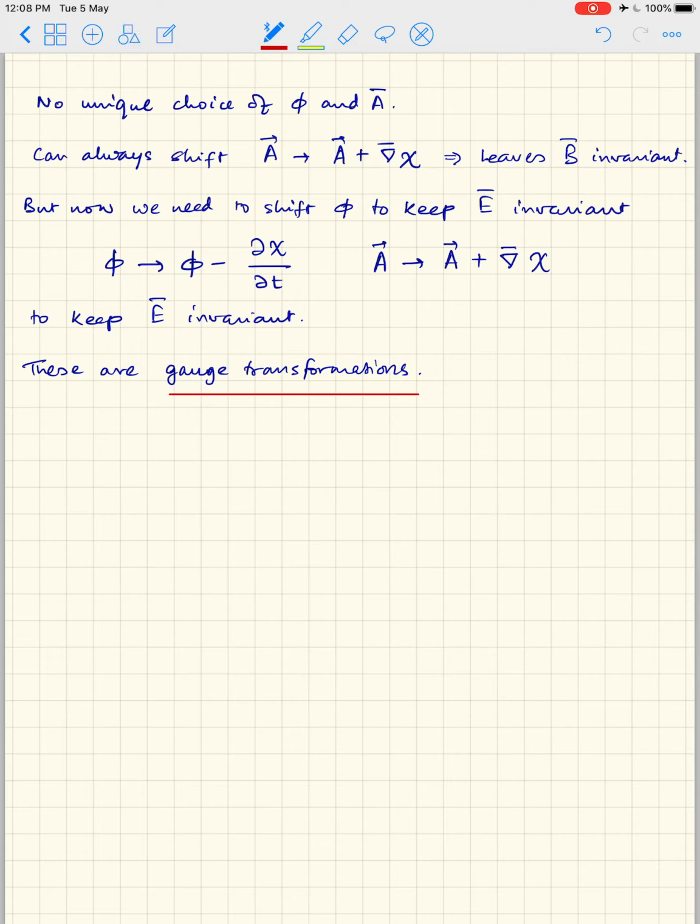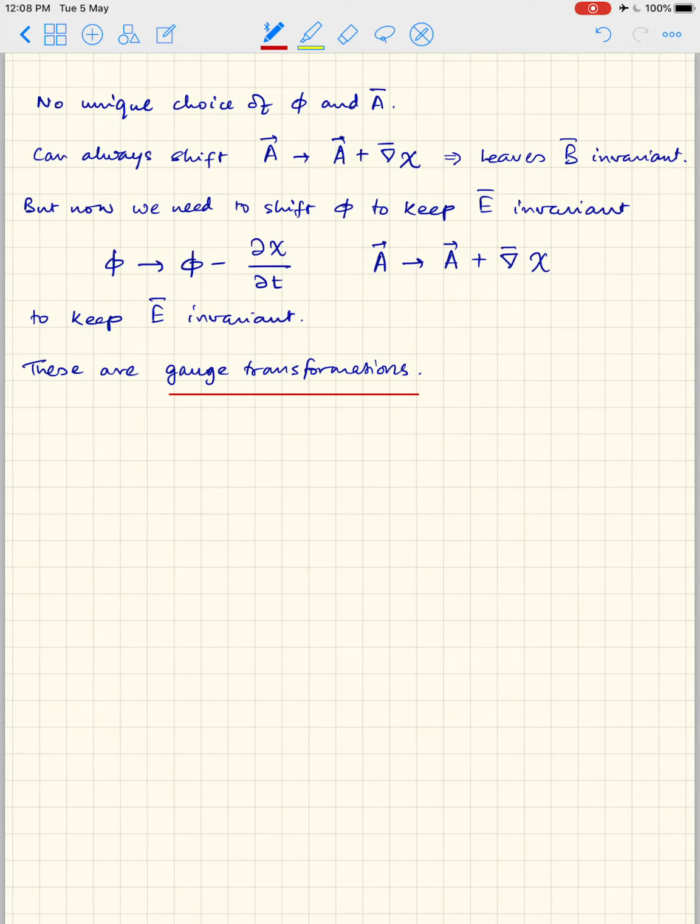These are very, very important things. But as you can understand, you can already see that phi and A seem to be mixed, and we have a scalar and we have a 3 vector, and thus it's ripe to make this into a 4 vector.